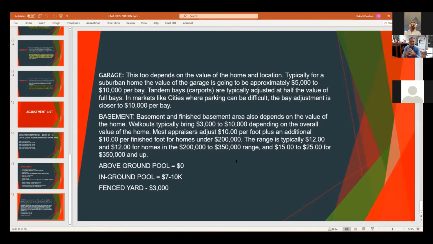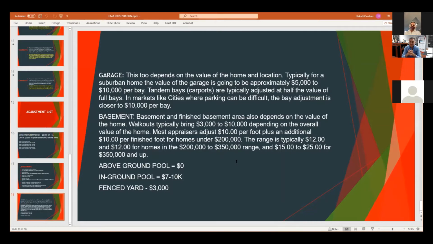All right. Basements and finished basement area also depend on the value of the home. Walkouts will be probably $3,000 to $10,000. And most appraisers adjust $10 per square foot. Now hear this out. Let's say you have a 1,000 square foot basement and you finished 800 square feet of it.